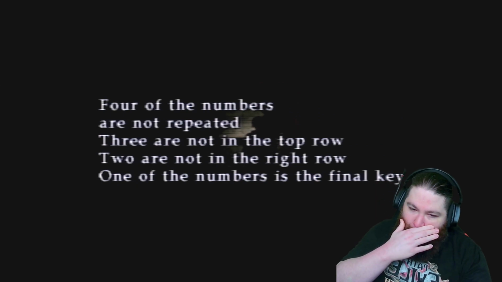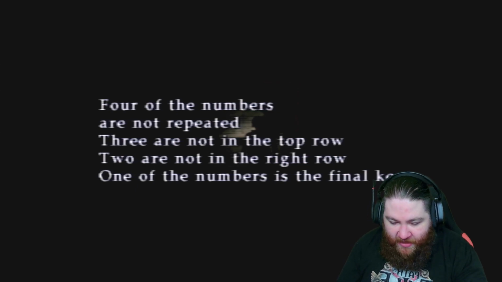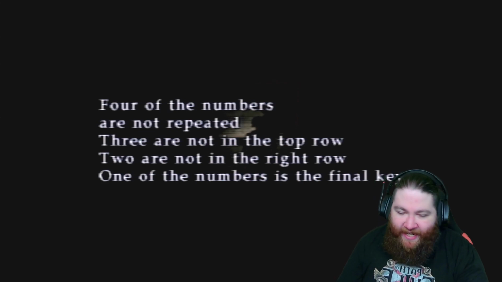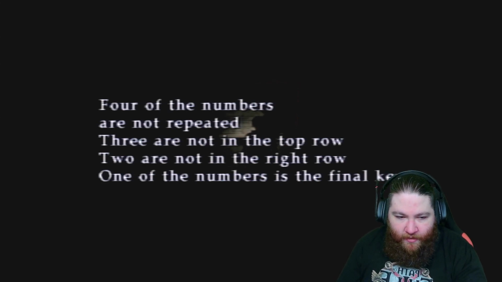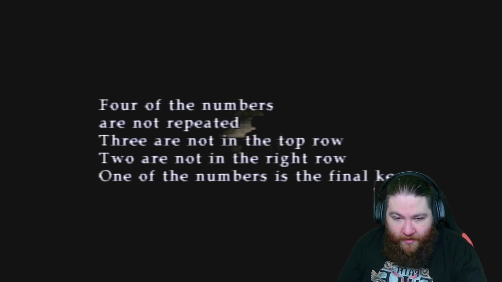It's this part. One of the numbers is the final key, which is 9. Although that could also be a trick. It could mean the final key of the first sequence, which would be 4. Right?